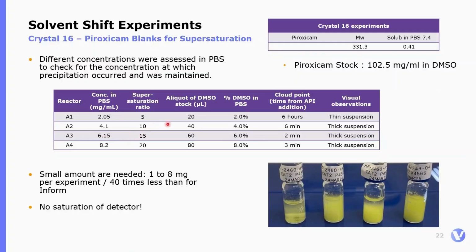We prepared a DMSO stock solution of Piroxicam and added different volumes to reach a supersaturation of 5, 10, 15, and 20. What's really exciting is that compared to our Inform experiment, the Crystal16 uses about 40 times less material, and we can still see precipitation events.